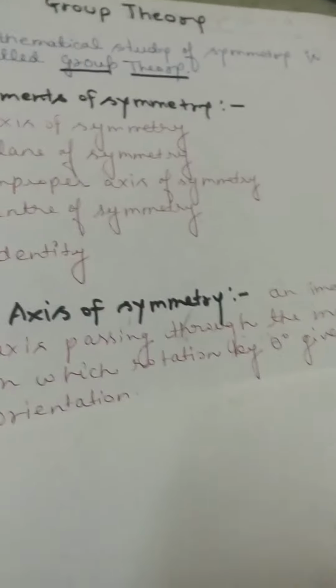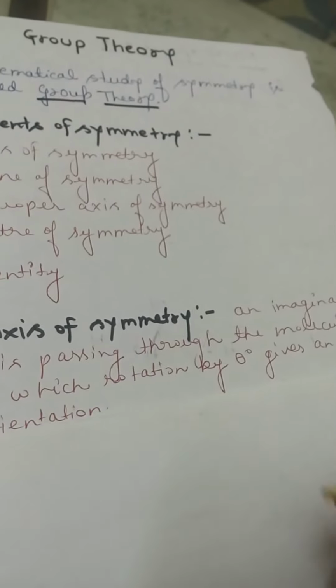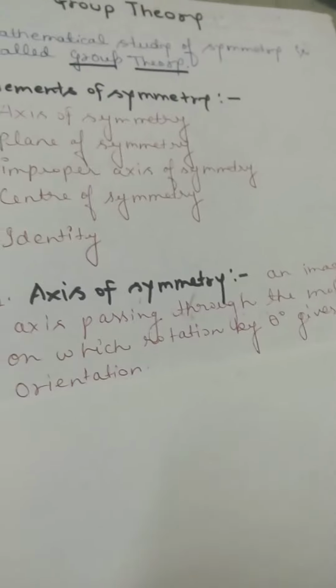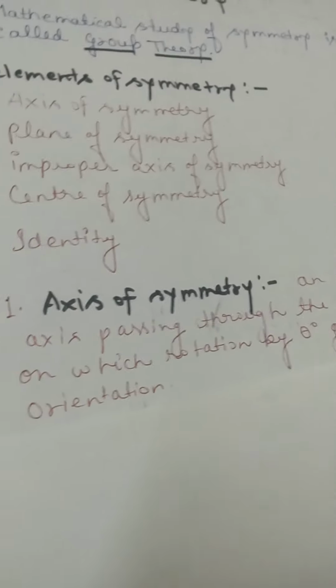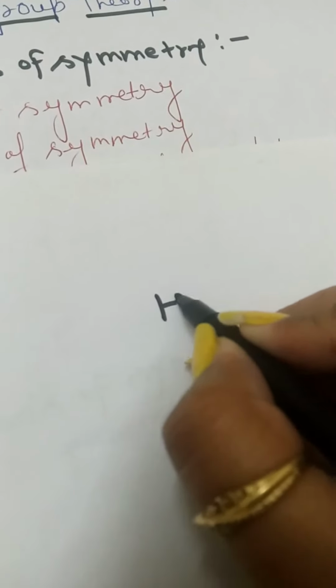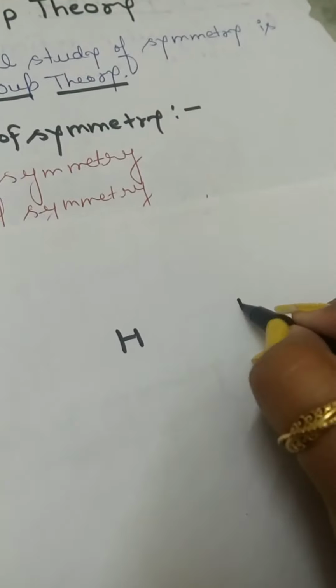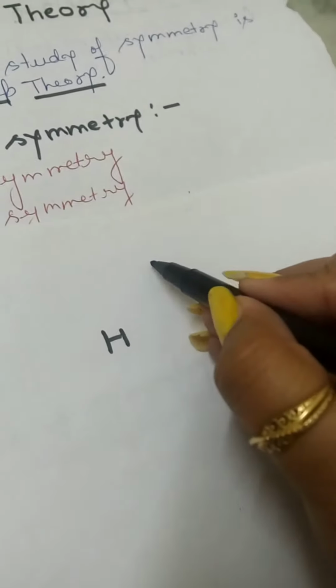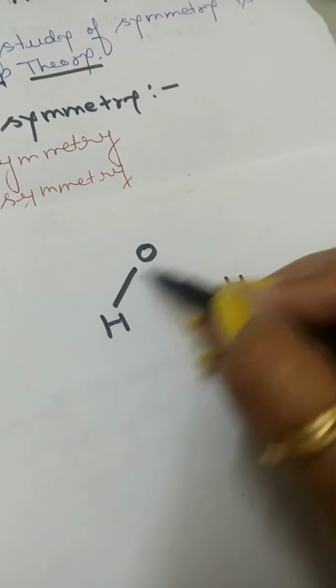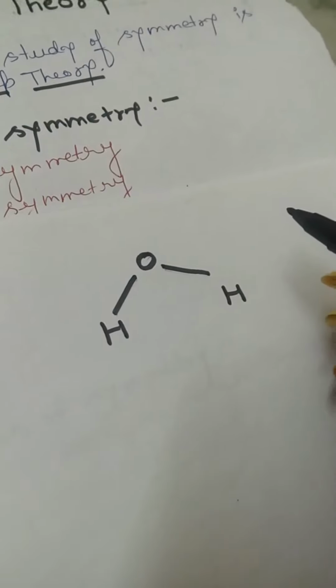What is the axis of symmetry? We pass an imaginary axis and rotate our molecule around it. You can see here, this one is hydrogen, this one is hydrogen, and this one is oxygen. This is our water molecule.